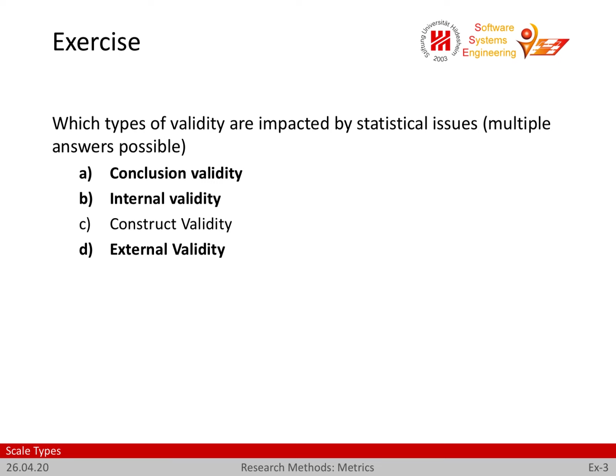That means the statistical testing or any statistical issues that impair conclusion validity will also have a secondary effect on internal validity. And because that has also an indirect effect on the external validity, that will be impacted as well. So actually my answer here is these 3: conclusion validity, internal validity, and external validity.